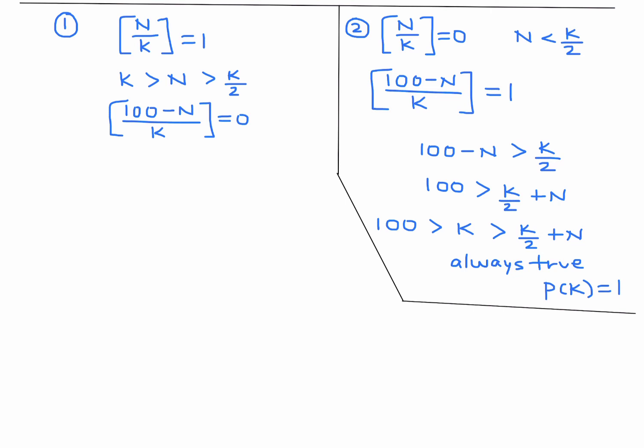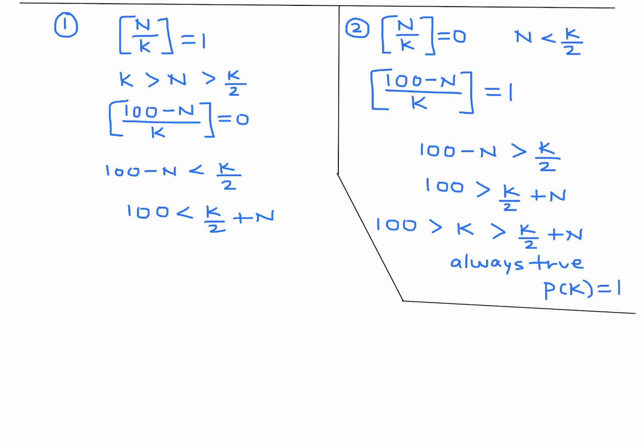We have a scenario that n is between k and k over 2, and we want this to equal 0. So that means we want 100 minus n to be less than k over 2. If it's less than k over 2, this will hold true. So rearranging this, that means 100 is less than k over 2 plus n.